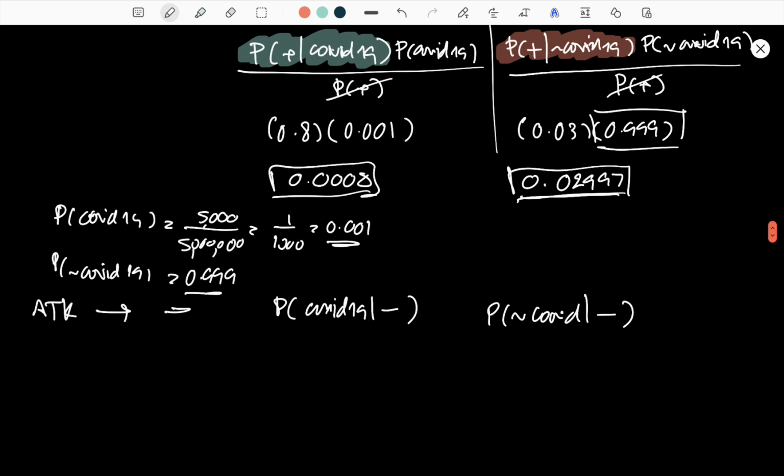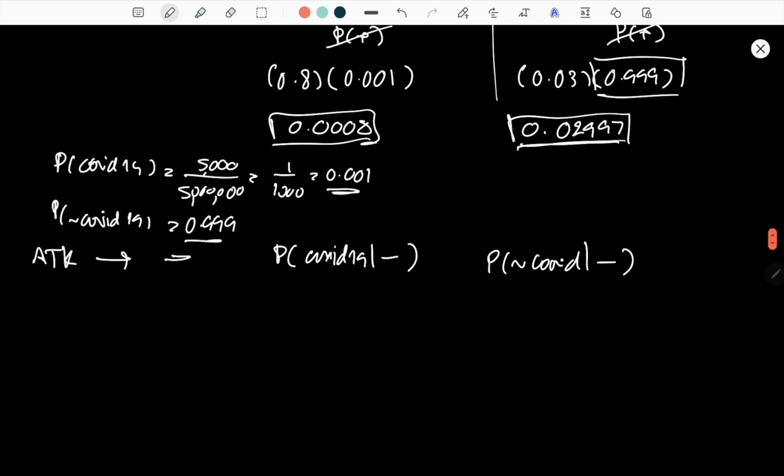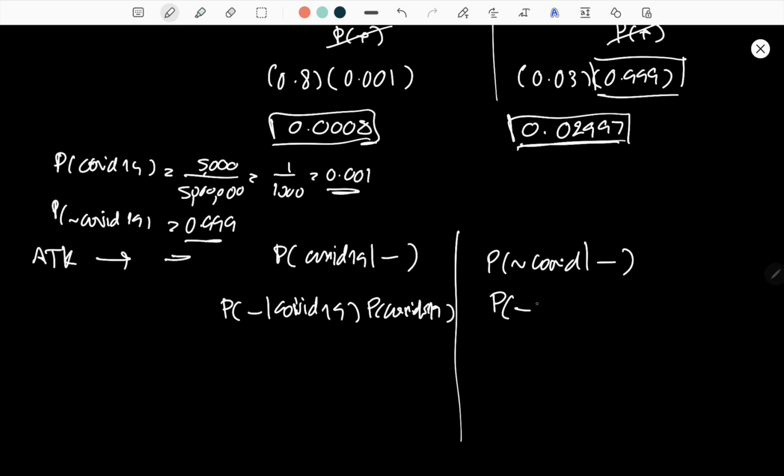So if you want to check, if the ATK returns negative, how can you believe it? You have to think about the case of negative. So this one is the probability of negative given COVID-19 times the probability of COVID-19, and the probability of negative given not COVID-19 times the probability of not COVID-19.